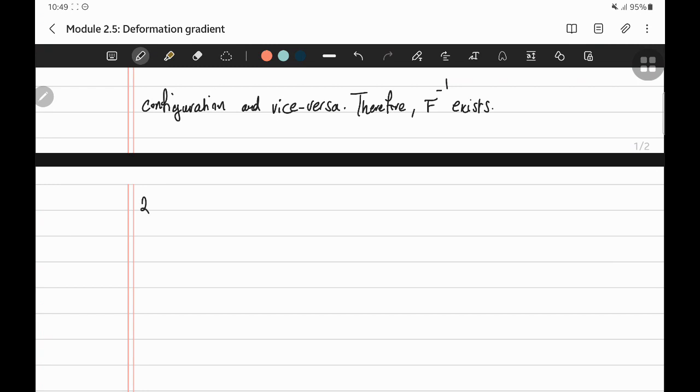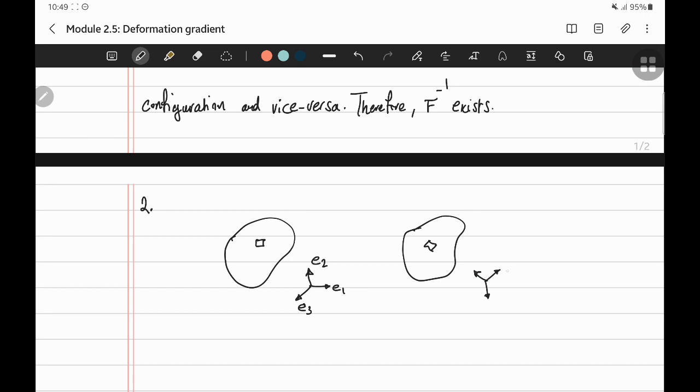Another important thing is that when you have a particle in the reference configuration, we make this assumption that it follows the right-hand rule. So it is E1, E2, therefore E3 is in this direction. If you have that particle in the current configuration, then you again have the right-hand rule here.